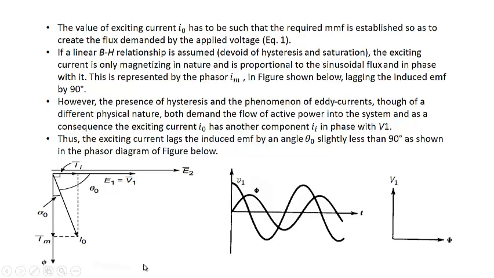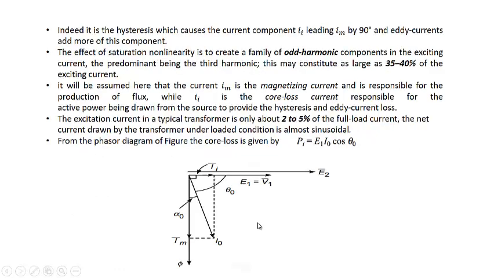So this is how we have determined the phasor diagram by explaining the mathematical equations. And as I told you, since this is the active power loss, that is the hysteresis loss and eddy current loss, we represent them almost always by a resistive current, or we can say an in-phase component of the current.